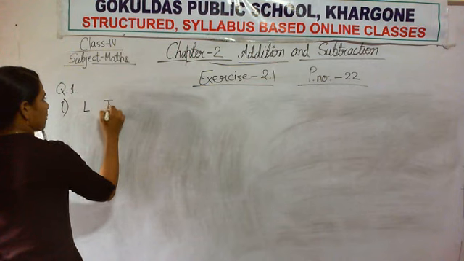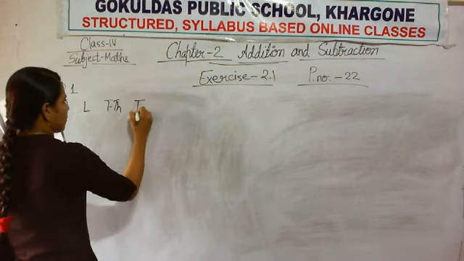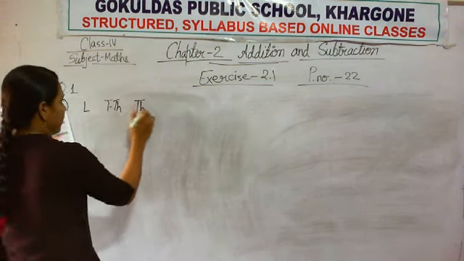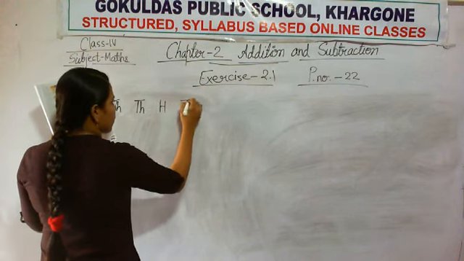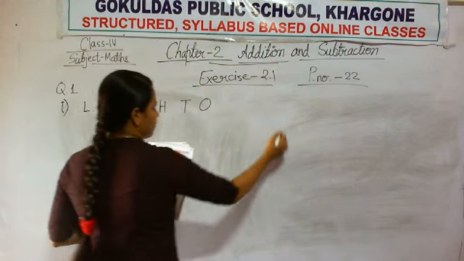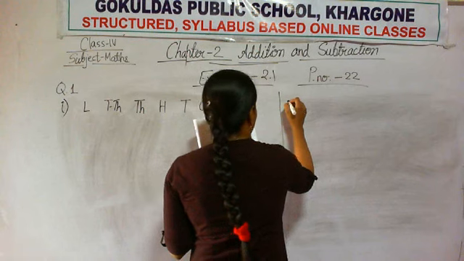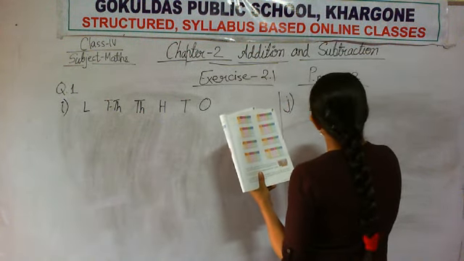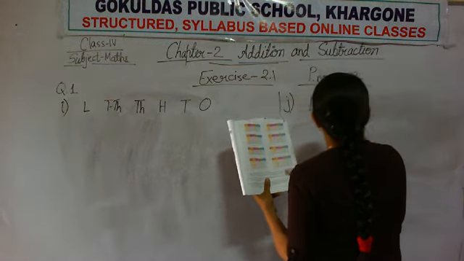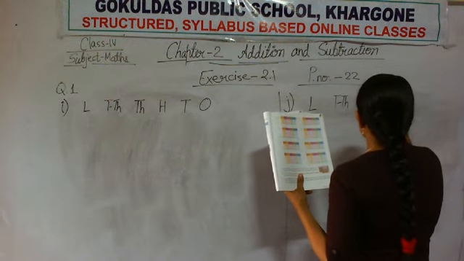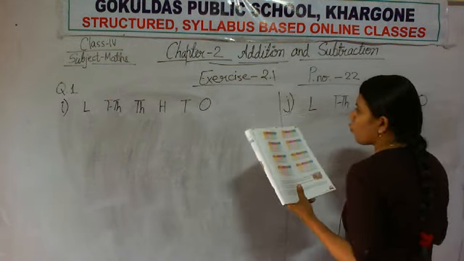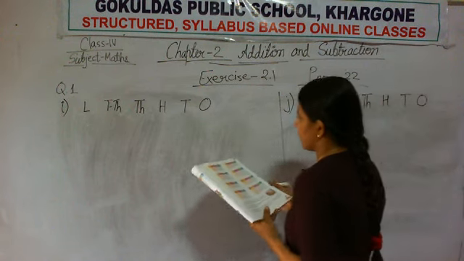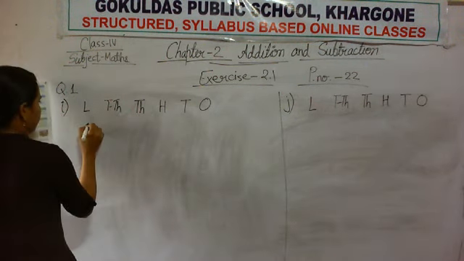Lakhs place, then 10 lakhs place, lakhs place, then thousands, hundreds, tens and ones place. Here in J also, lakhs place, 10 thousands, thousands, hundreds, tens and ones place. First addend.